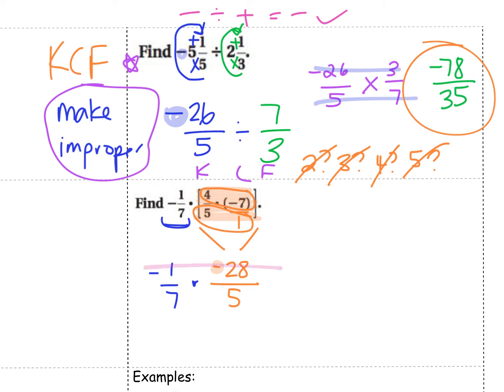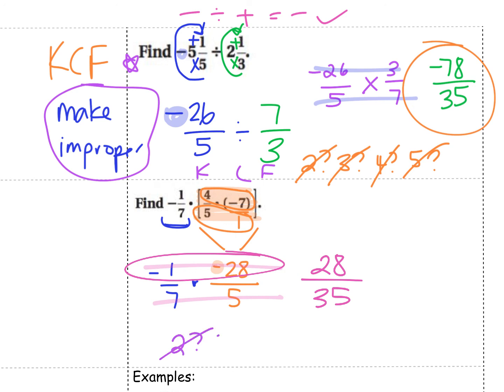Now when I multiply straight across, my signs are going to change. A negative times a negative is a positive. 1 times 28 is positive 28. 7 times 5 is 35. And then we want to see, can I reduce? 2 doesn't work. 3, nope. 4, nope. 5, 6, 7. 7 does work.